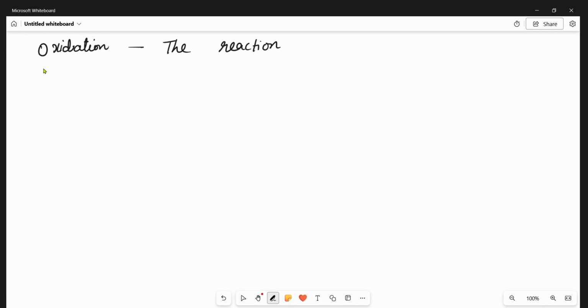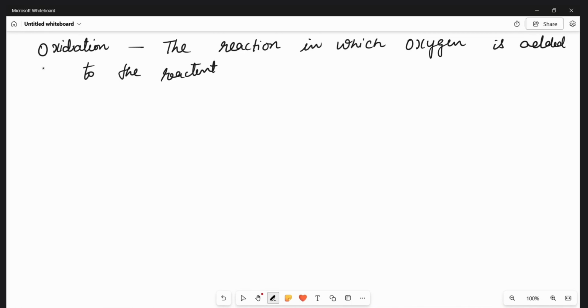The reaction in which oxygen is added to the reactant is called oxidation reaction.